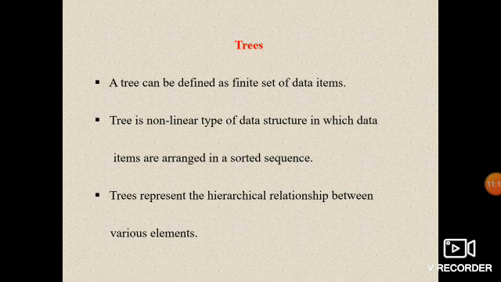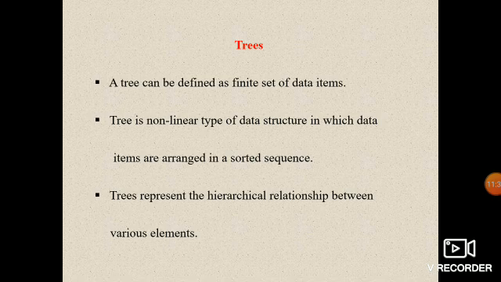So trees are which type? A non-linear data type in which data items are arranged in sorted sequence. Data items will be arranged in sorted order only. Trees represent a hierarchical relationship. One root, some branches, and sub-branches will be there.